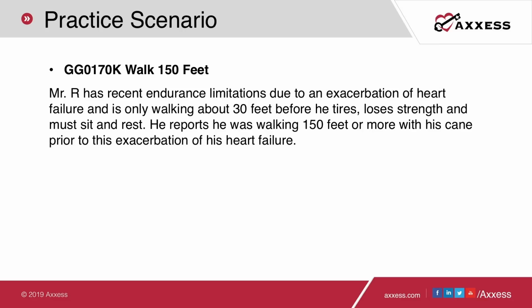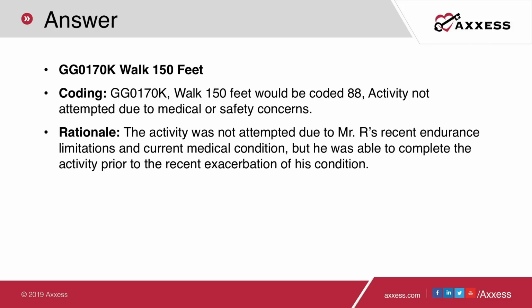How would you code GG0170K? For the start of care or resumption of care, this would be an 88, activity not attempted due to medical or safety concerns. The activity was not attempted due to his recent endurance limitations and current medical condition, but he was able to complete the activity prior to the recent exacerbation of this condition.